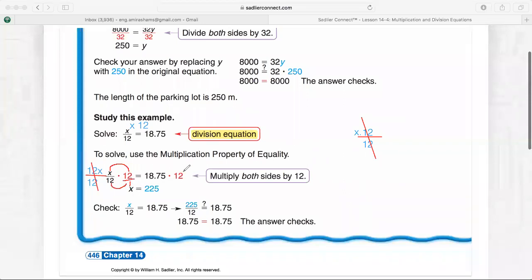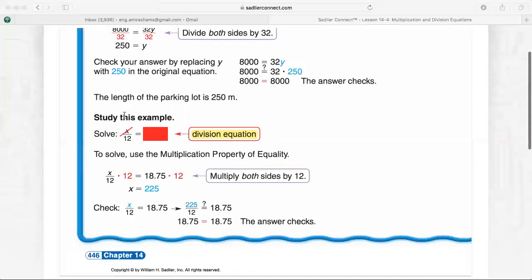On the other side, I have 18.75 multiplied by 12. When I multiply the two numbers, I got 225. Okay, so I want to check my answer. I'm going to replace the value of x in the original equation, which is 225. I'm going to hide the answer, cross x and put its value.